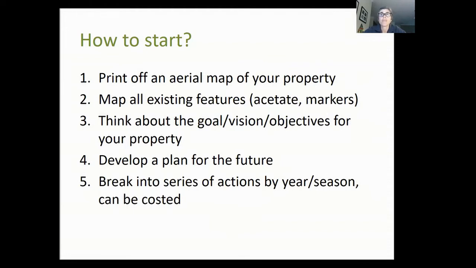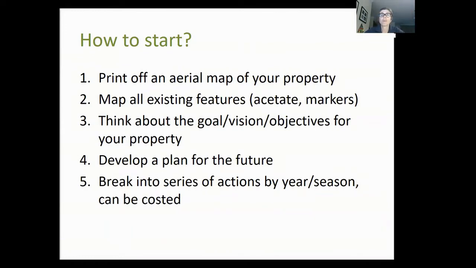So the idea being that if you can laminate that map, you can then use the map to map different layers across your property. So when Agriculture Victoria run a whole farm planning course, they will usually give you a few clear sheets of acetate that you can lay over the top of your aerial photography.